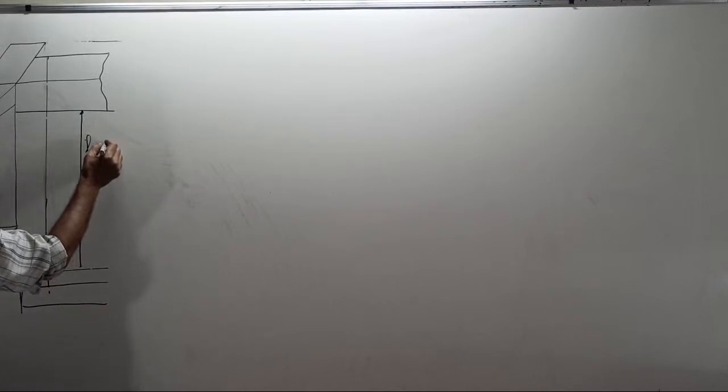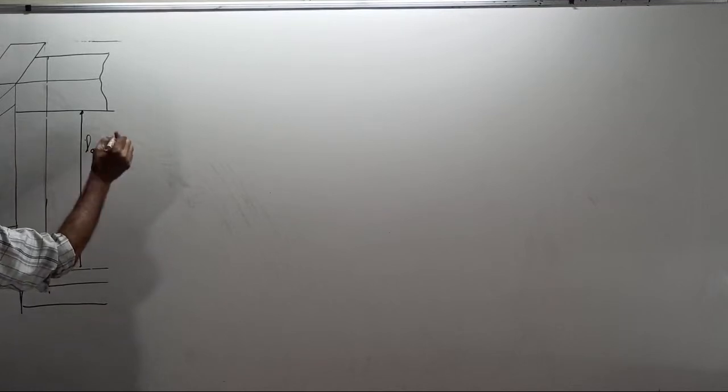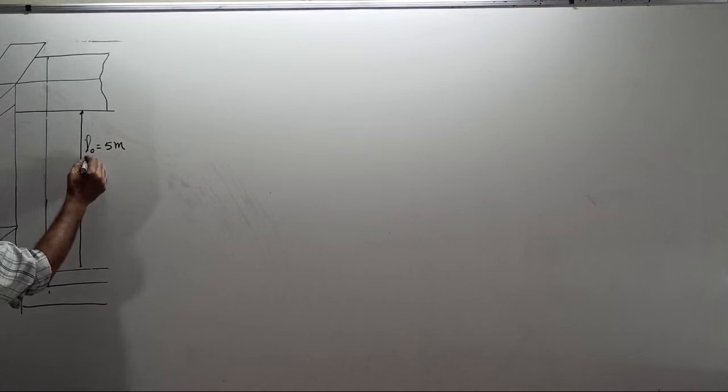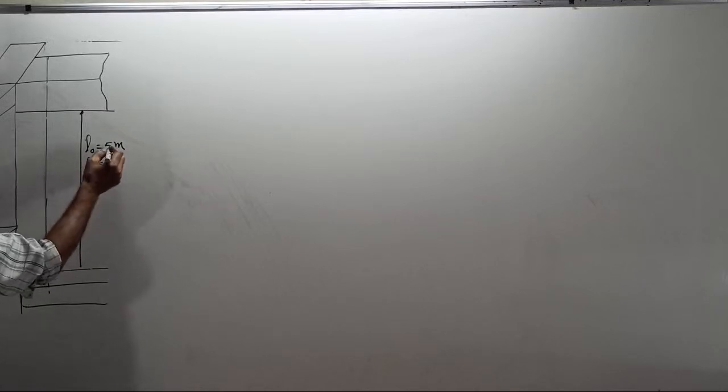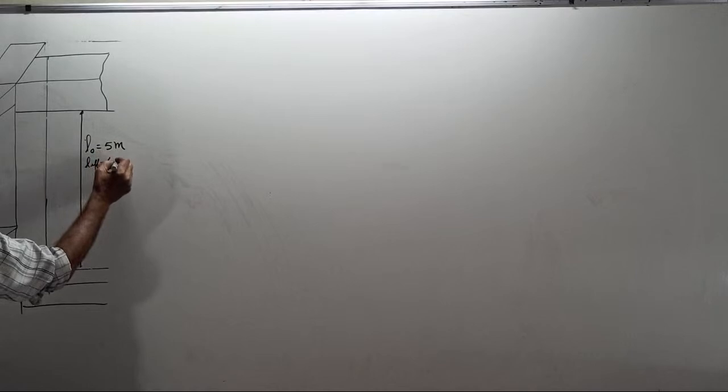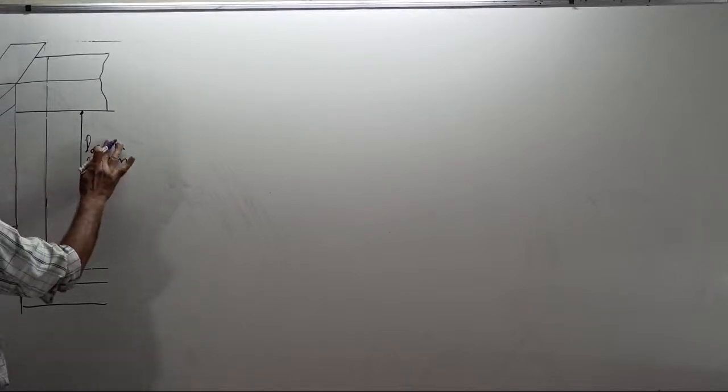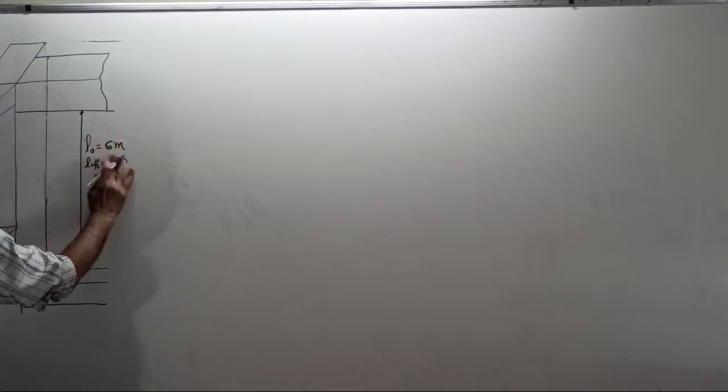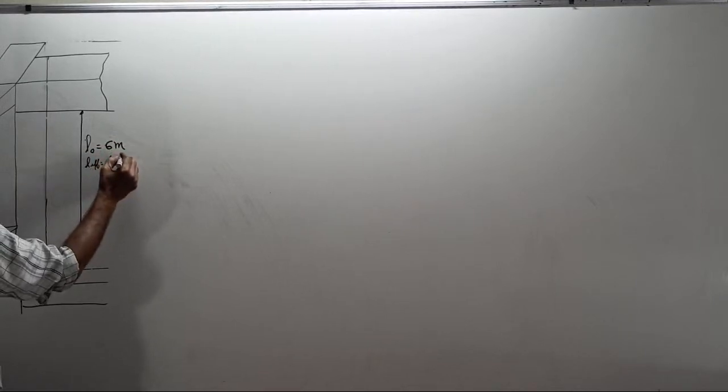L0 is 5 meter and L effective is 5 into 0.8, 4 meter. Why, means don't ask questions. Here, along this face, this unsupported length L0 is around 4 meter and L effective is, this is actually not 5 meter, I'll make it 6 meter. 6 meter, L effective is 4.8 meter.